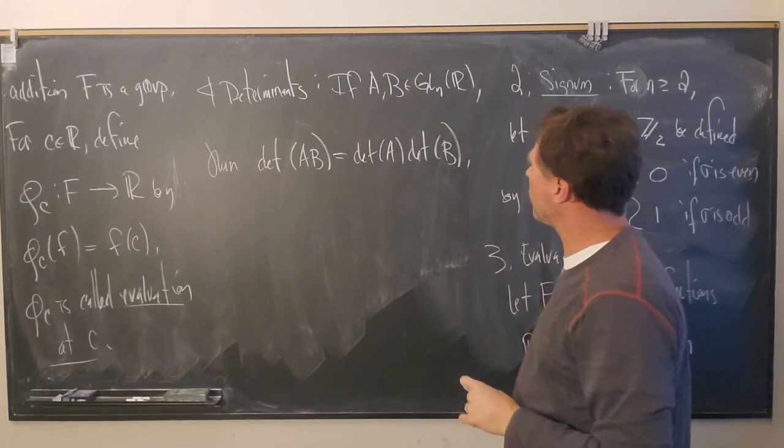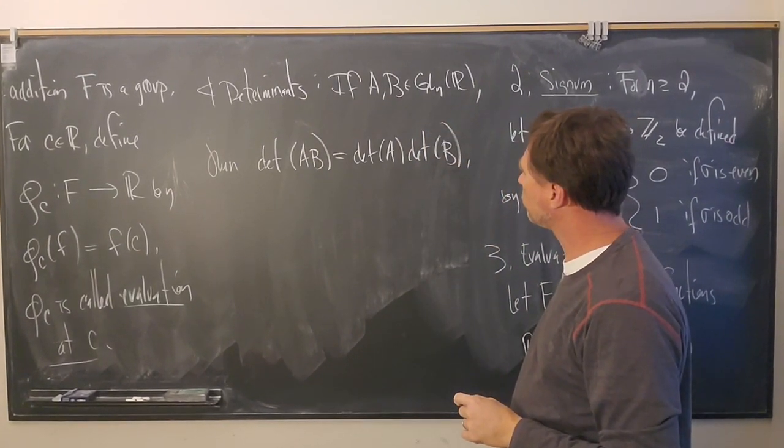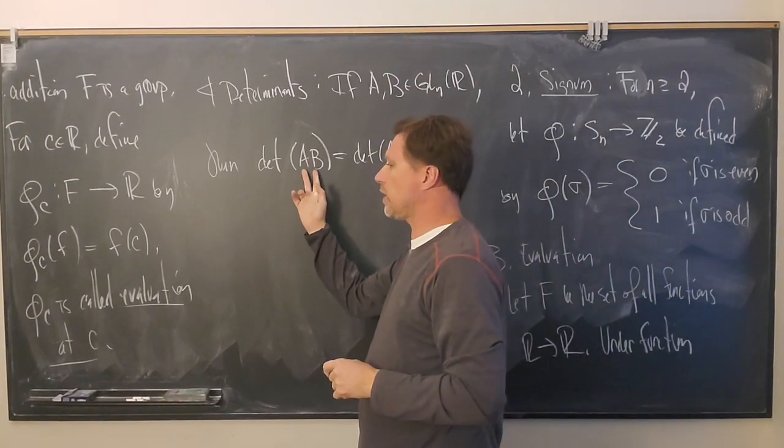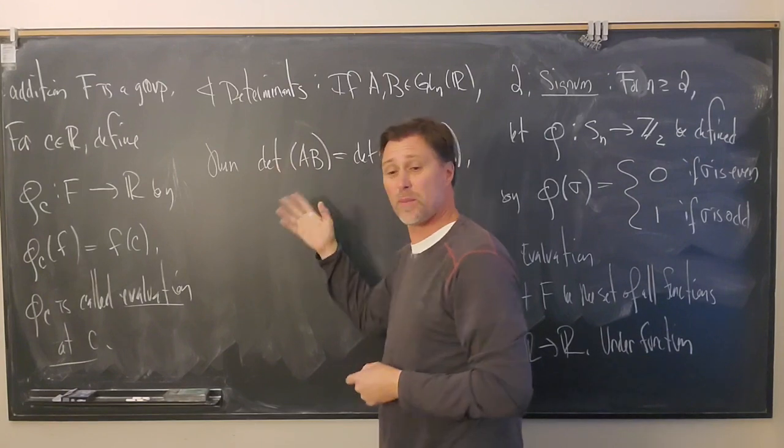Now, what's going on here? Well, what you do is you are plugging in a couple of matrices. When you compute the determinant, you get a real number.